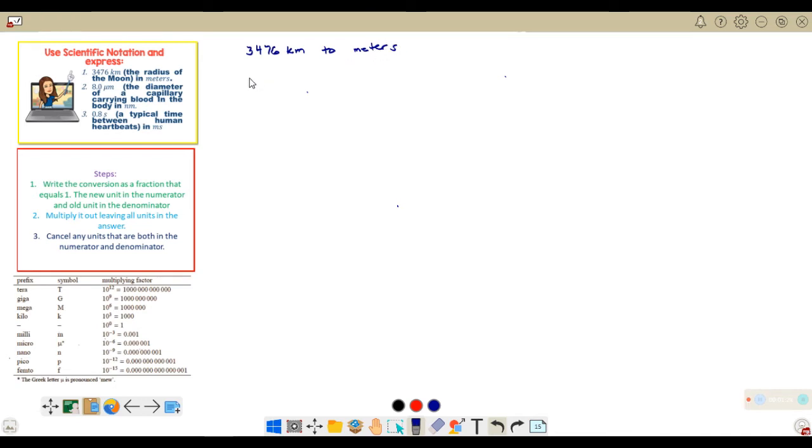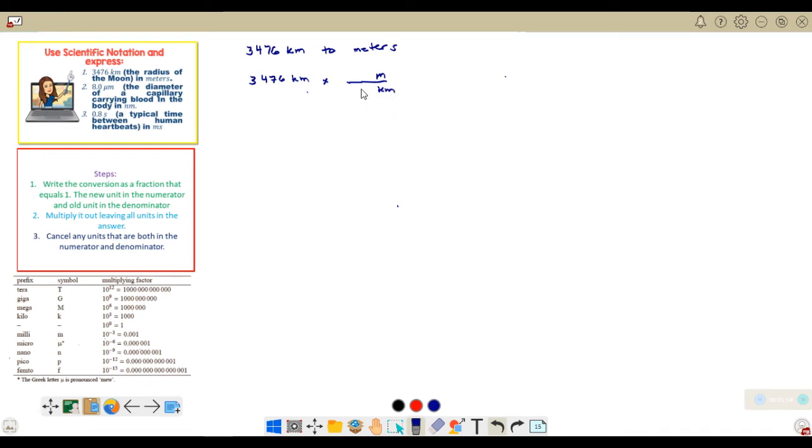So let's write down 3,476 here, of course, in kilometers, times a fraction that is equal to 1 involving the new unit meters and our old unit kilometers. So dito sa taas, we have the meters, and for the denominator, we have kilometer.